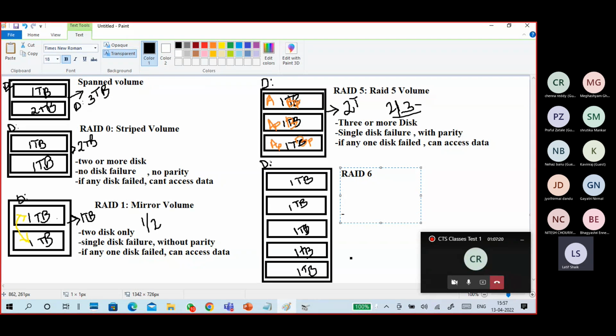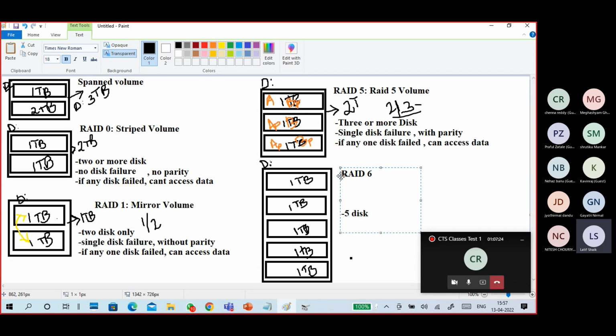I used 5 disks here. It is 2 disk failure with parity. It is similar to RAID 5, but with 2 disk failure tolerance, and we are using 5 disks.